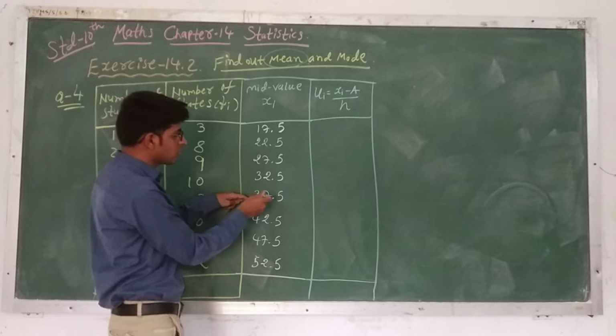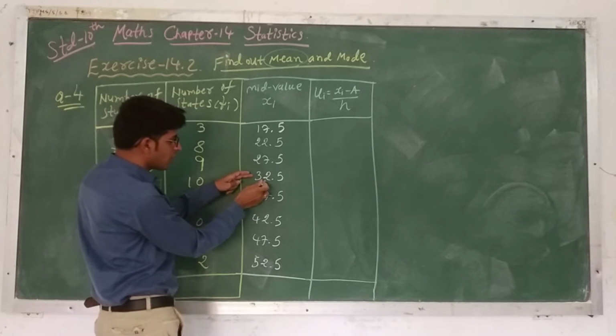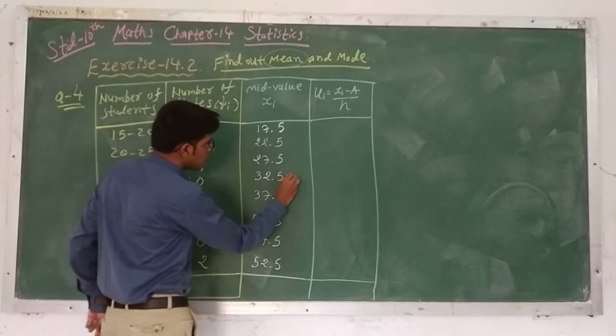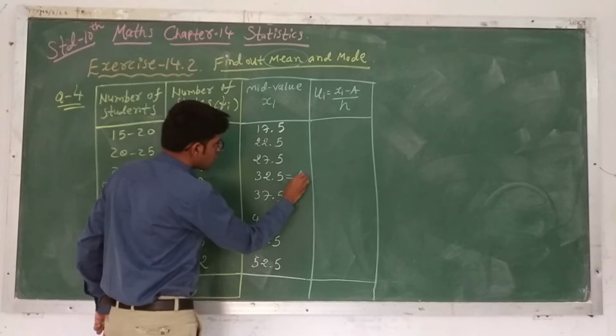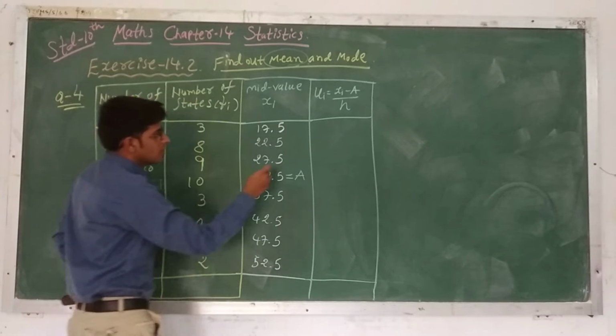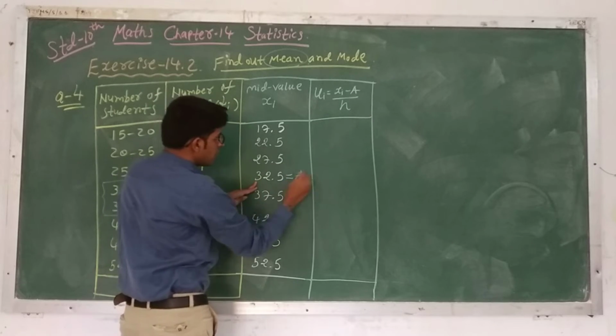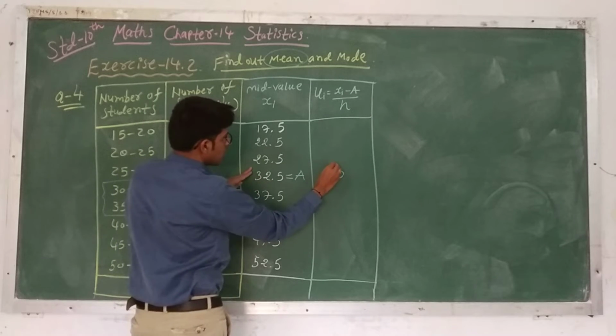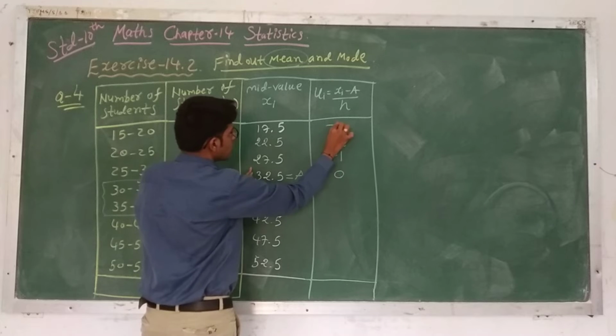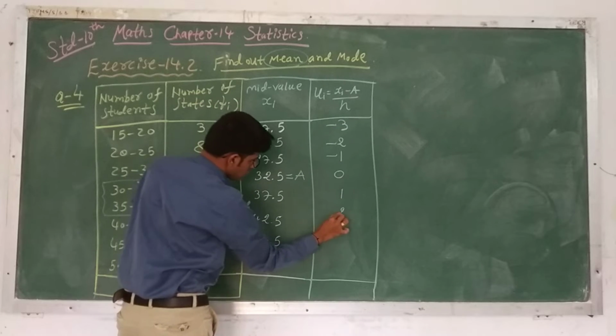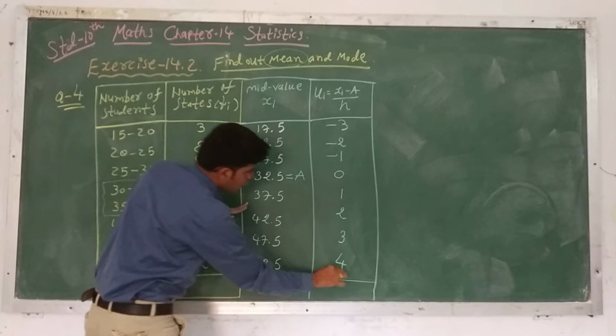So we can suppose the value of a is 32.5 or 37.5. Let us suppose a equals 32.5. Now we apply the formula of ui. So its value will be 0 here, then minus 1, minus 2, minus 3, and 1, 2, 3, 4.